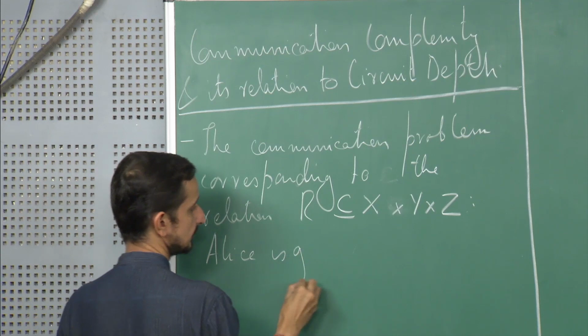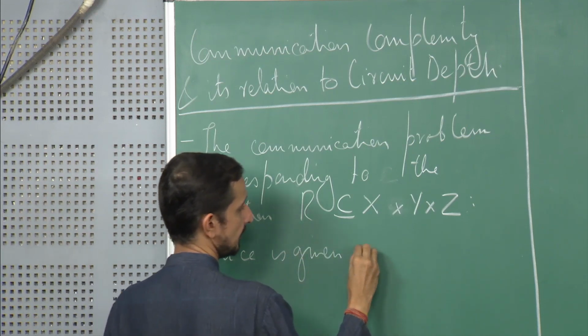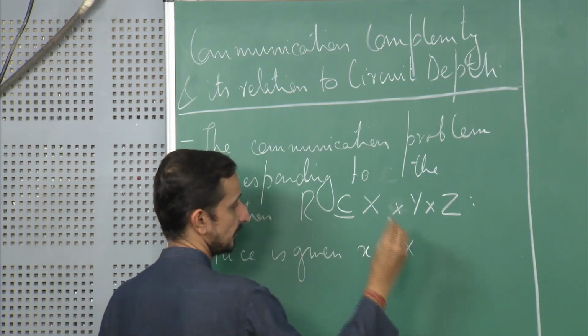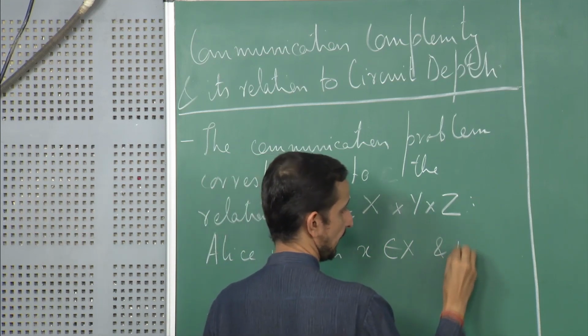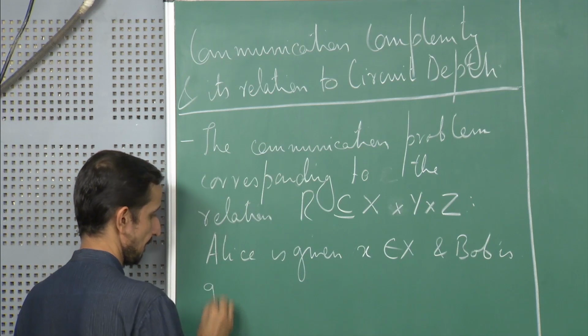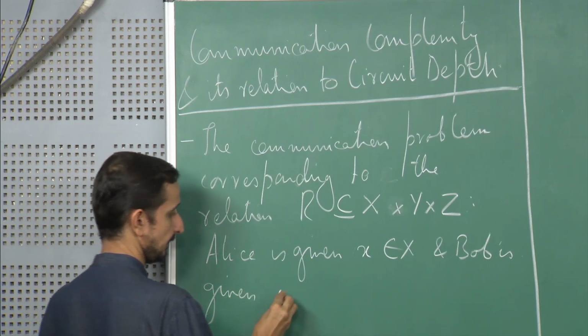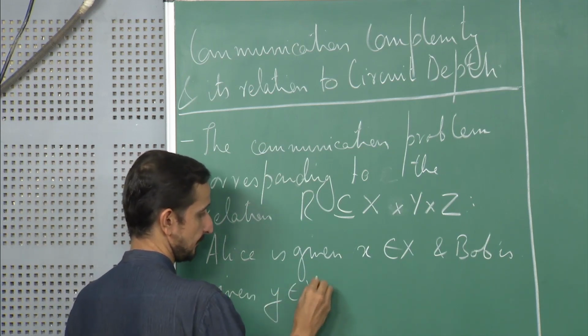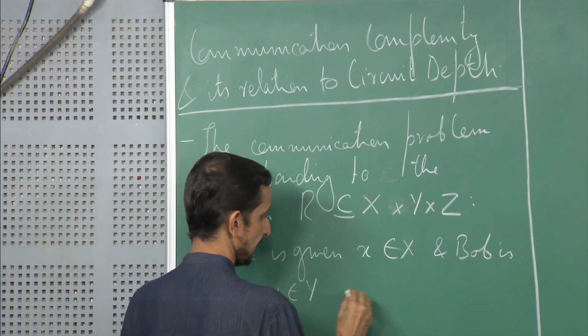Alice is given small x belonging to capital X and Bob is given y belonging to capital Y.